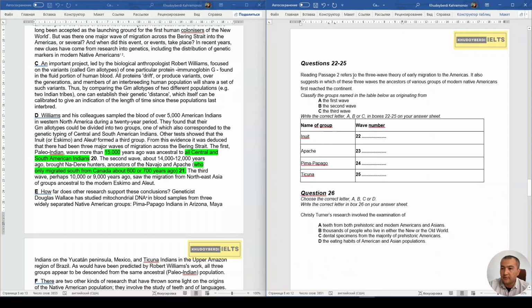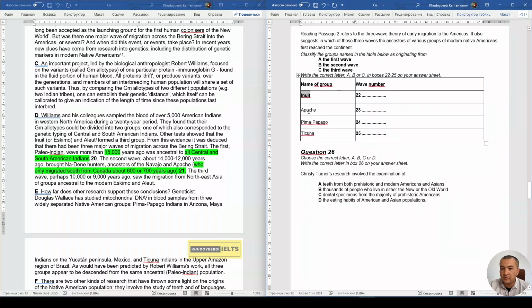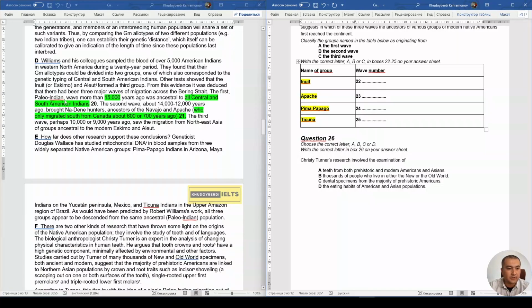Reading passage 2 refers to a three-wave theory of early migration to the Americas. It also suggests in which of these 3 waves the ancestors came. As you see, we are given 3 waves here, and we have the names of the groups: Inuits, Apache, Pima, Papago, and Tikuna. It seems to be somehow straightforward because we have the exact names of the groups, which means it's really easy to figure out.